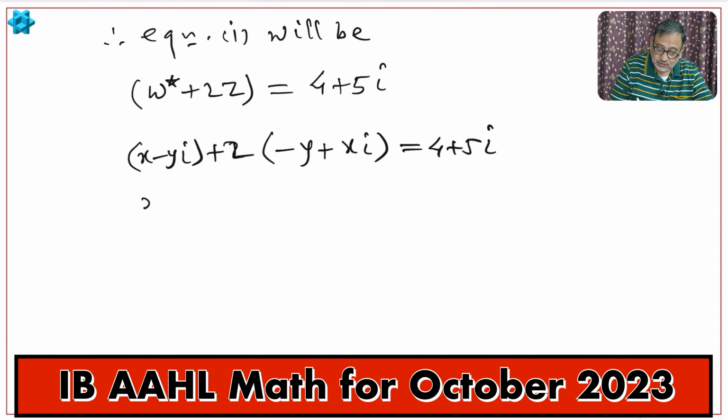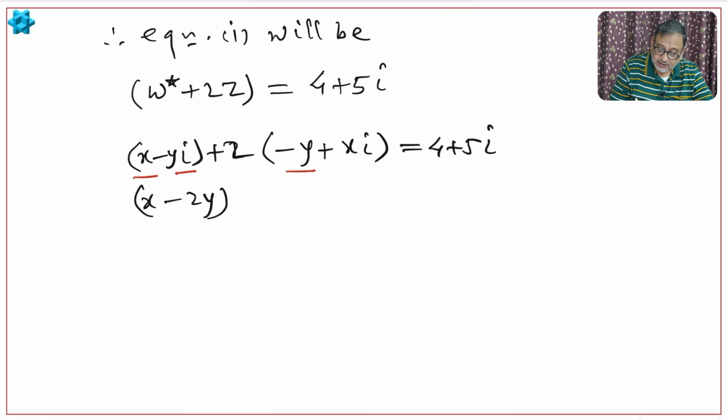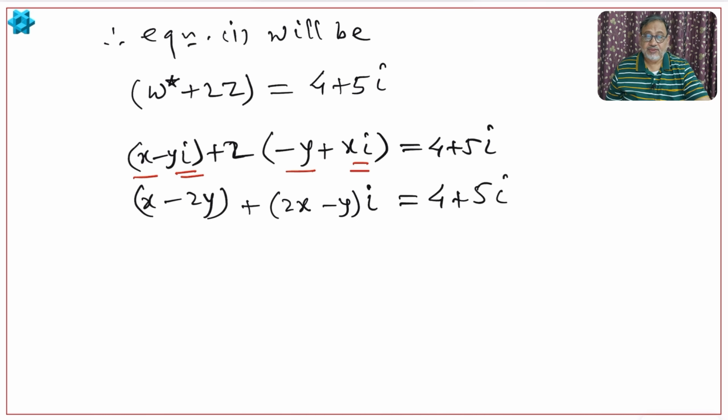Open the bracket. So this real part with this real part will be x minus 2y, and this imaginary part with this imaginary part will be plus of 2x minus y i is equal to 4 plus 5i. I hope you understand this, right?